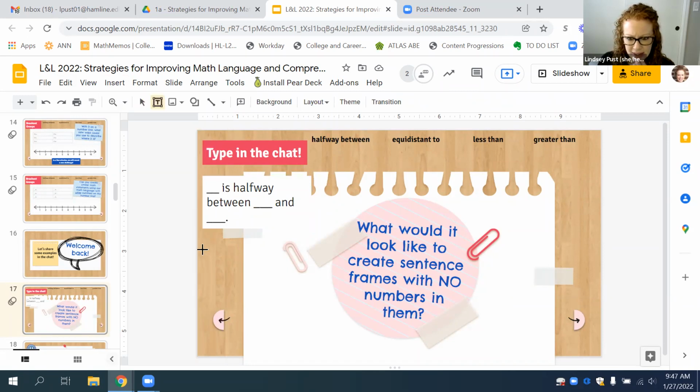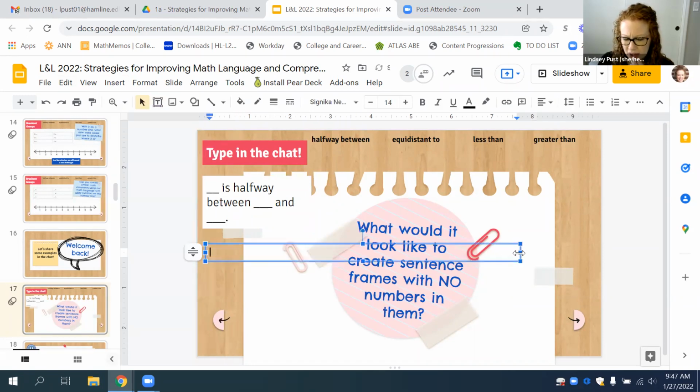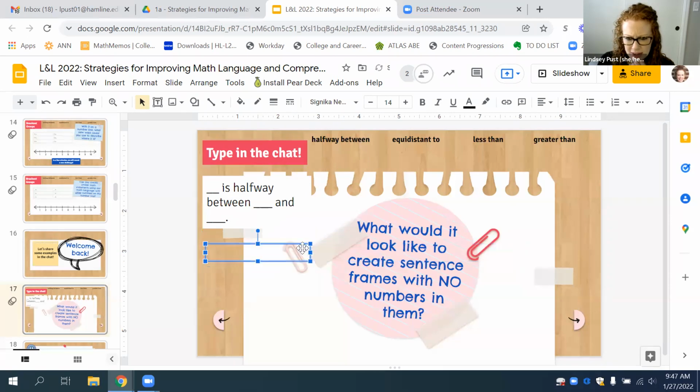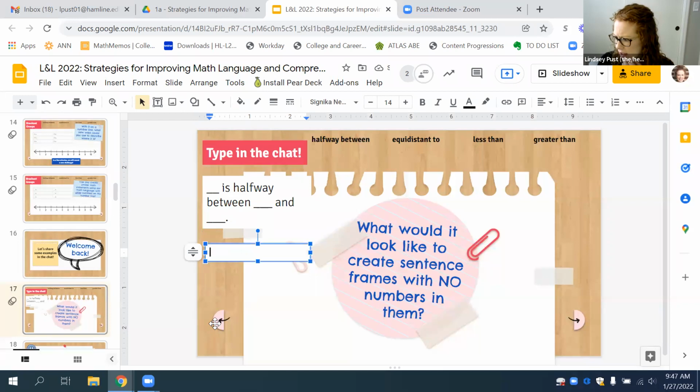What could we say? You can type in the chat. What would that look like? No numbers, but a sentence we could use for all numbers. Okay, blank is equidistant to blank and blank.